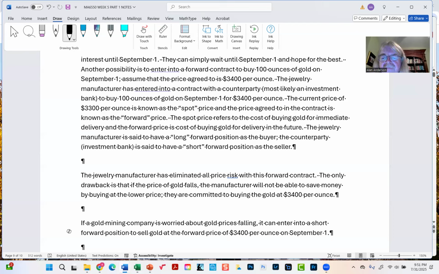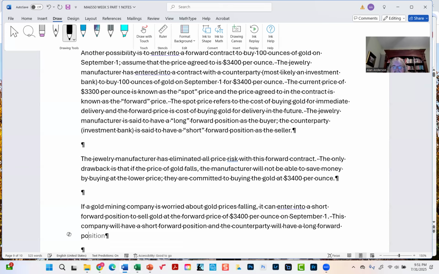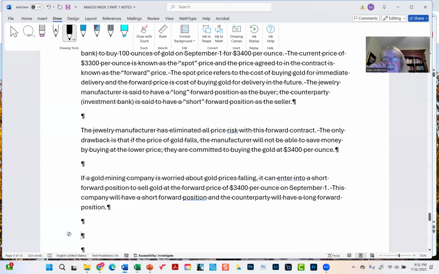The price risk is gone. But then this company will have a short forward position, and the counterparty, whoever that happens to be, will have a long forward position. You always have to have a buyer and a seller, so you have to get together with somebody who's agreeing to this.